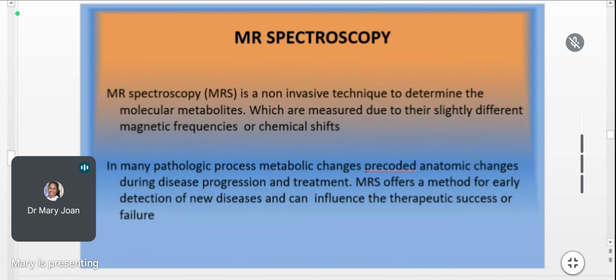So we can detect it early, and we can understand how it is changing over a period of time. Based on the information we get, we will know what treatment needs to be given, or how good a particular treatment will be for the desired effects in that particular disease condition. All this information can be availed.